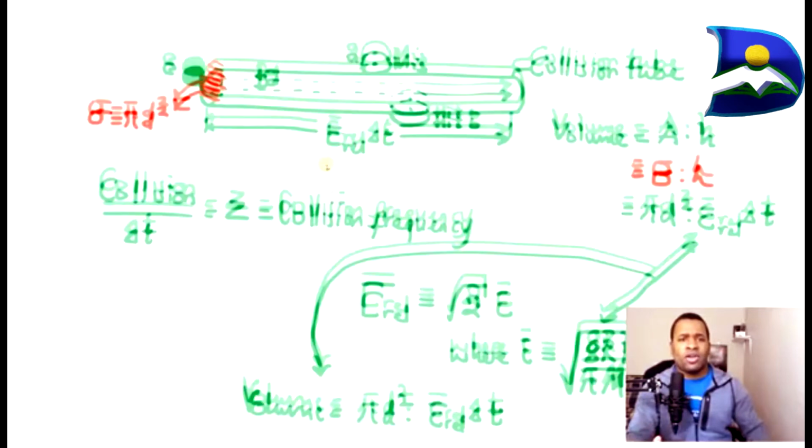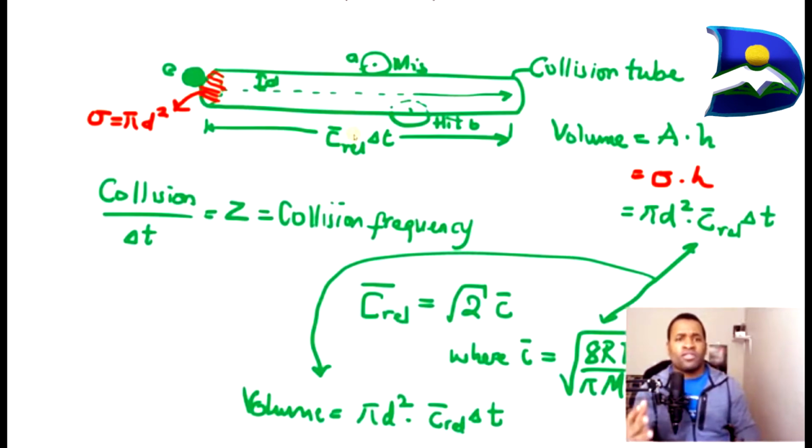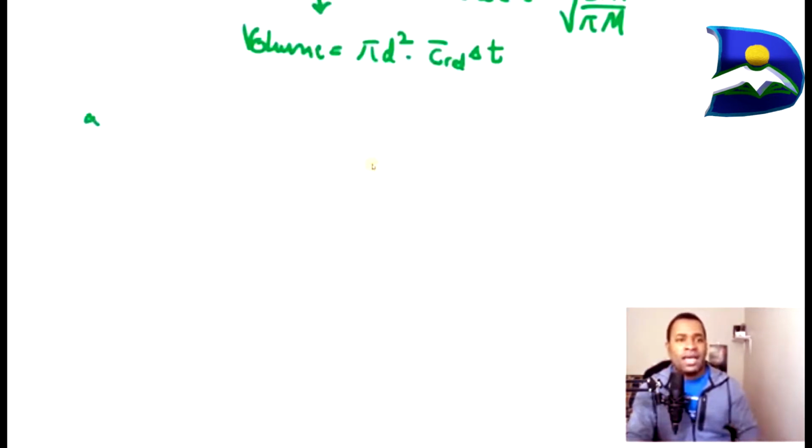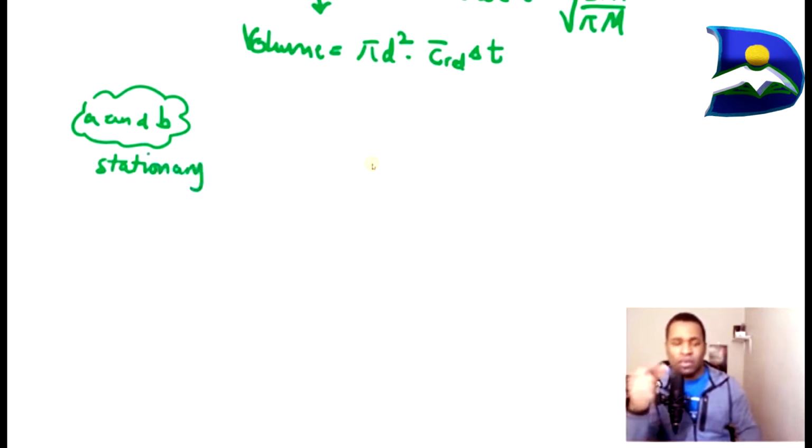Now, to determine the number of particles here, we need to consider stationary particles in this particular space right here, represented as A and B. Now, where we make that condition, taking that A and B are stationary, we need to then apply this to the moving particle specifically, which is in this case E, and E in this particular question is expressed as the nitrogen gas.